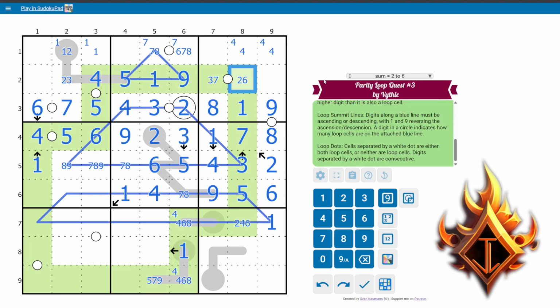3, 7 can still be 2, 6. This has a 7. This will have a 6 or an 8. Which is all good. Okay.